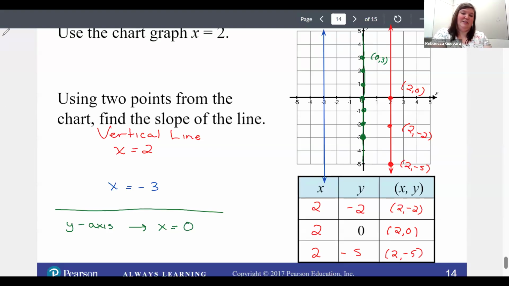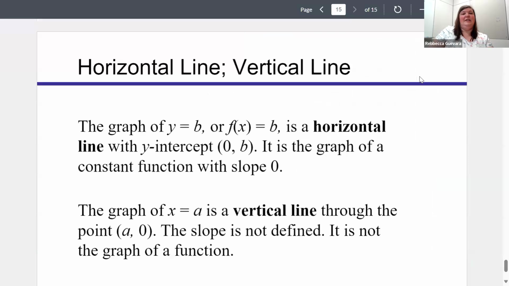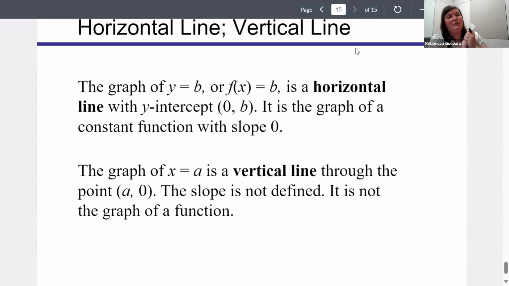So let's bring this all together. Horizontal and vertical lines: the graph of y equals b, or f(x) equals b if you're using function notation, is a horizontal line with a y-intercept at (0, b).